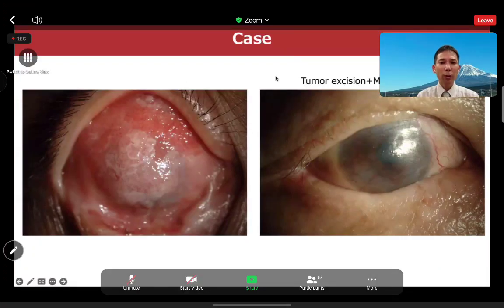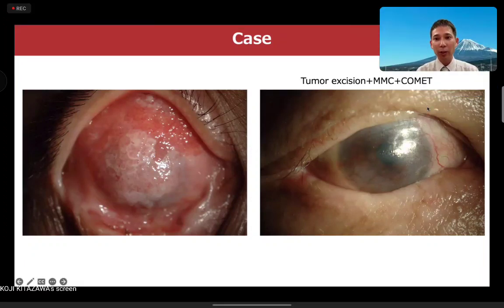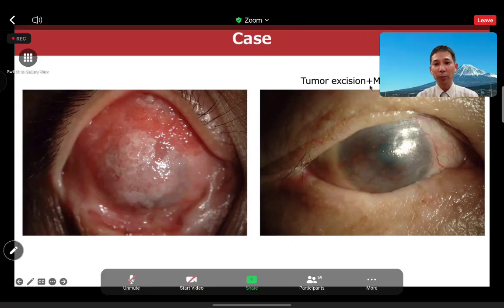And then also we need to think about the patient's visual acuity improvement, because when we see the patient like this, we actually need to perform the ocular reconstruction, like by using not only the amniotic membrane transplantation, but also like give the cell source, like the limbal epithelial transplantation, or in this case, we performed the COMET surgery right after the tumor excision and MMC treatment.